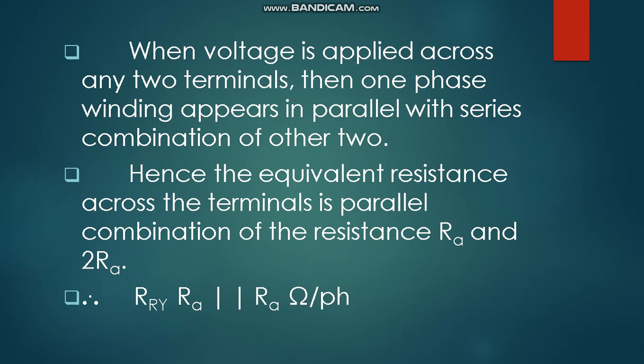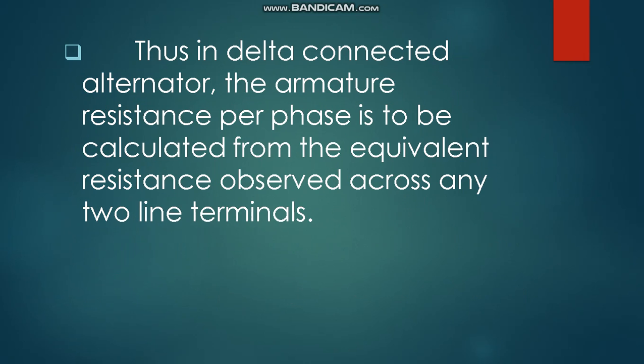Hence, the equivalent resistance across the terminals is the parallel combination of the resistances R_A and 2R_A. Thus, in a delta-connected alternator, the armature resistance per phase is to be calculated from the equivalent resistance observed across any two line terminals.